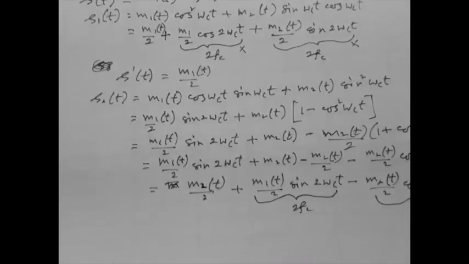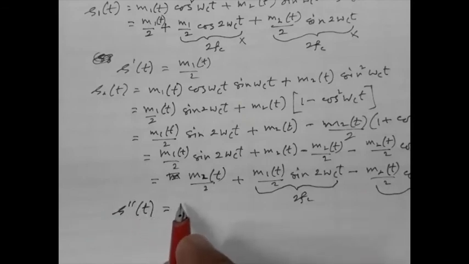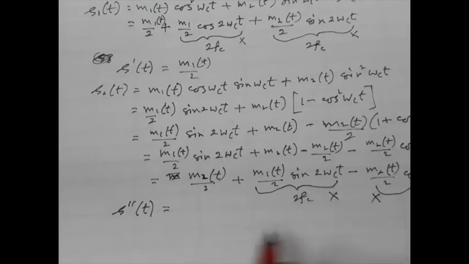So S double dash t can be written as, this one is removed, this one is removed, so the only existing term is half of m2(t).